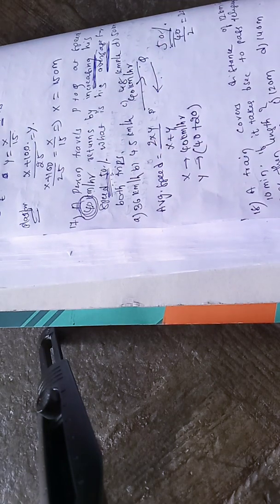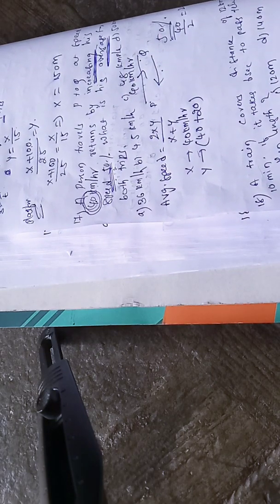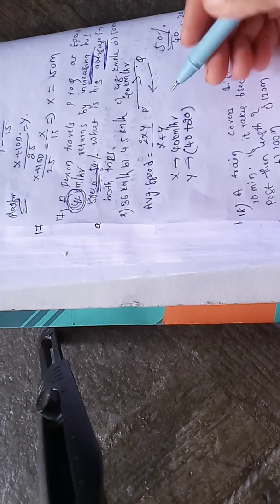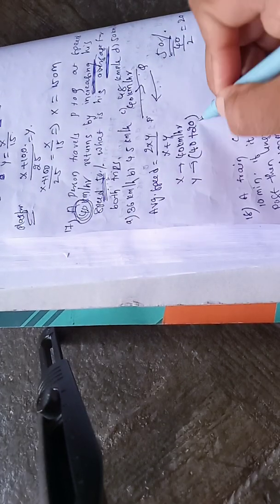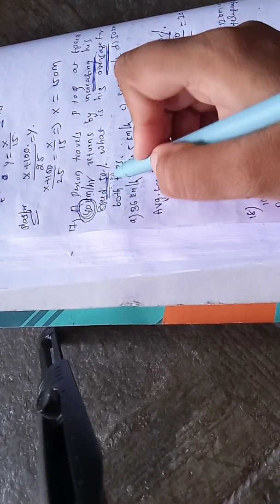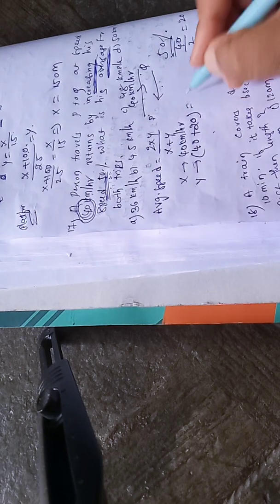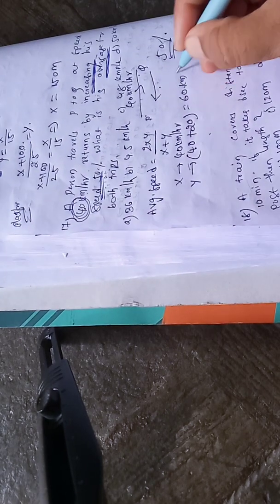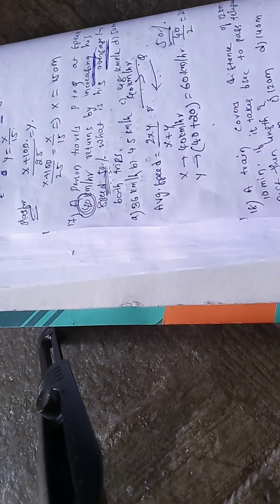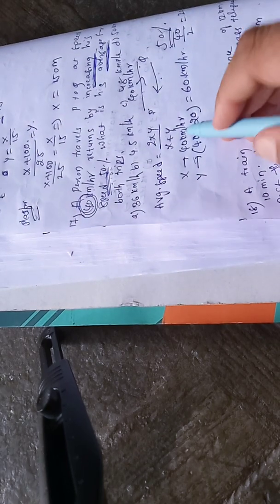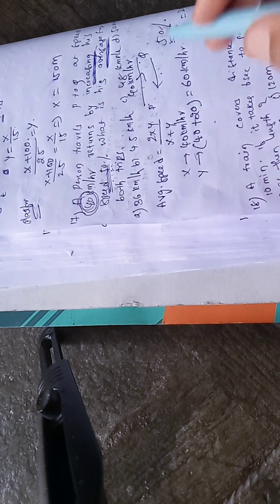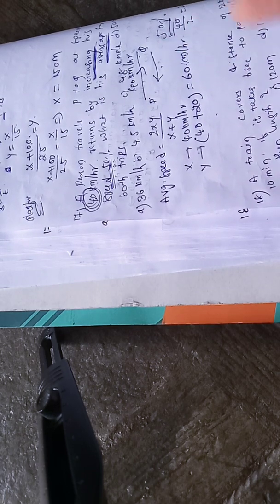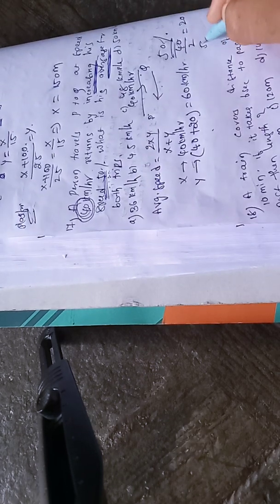So totally, with how much speed is he coming back? 60 km per hour, while going it was 40. While returning, it is increased by 50%, he said.